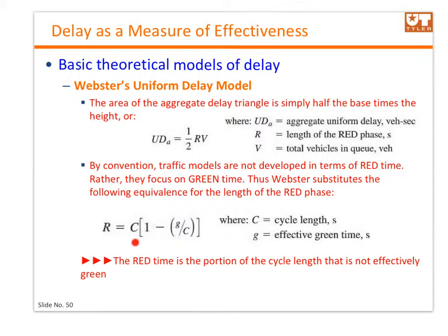This is a good representation of the red time rather than measuring it in the field. If you know the effective green time, divide it by the cycle length, take 1 minus that ratio, and multiply by C, that gives you R, the length of the red phase. Therefore, the red time is the portion of the cycle length that is not effectively green.